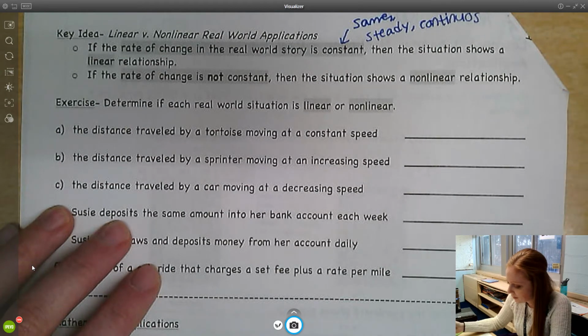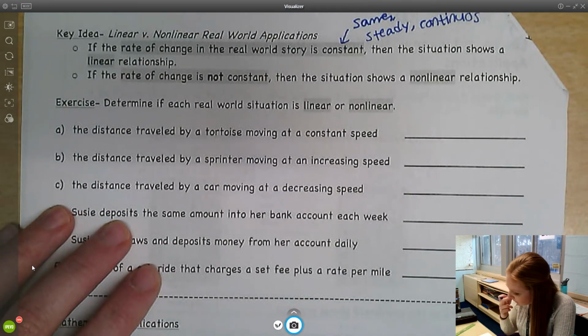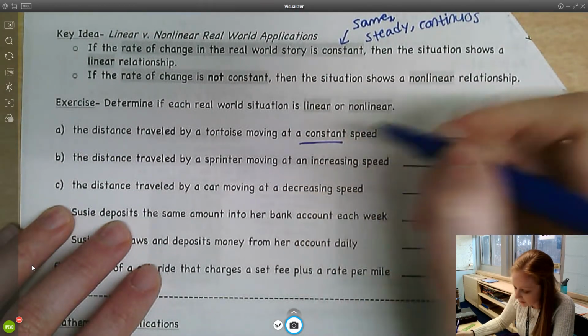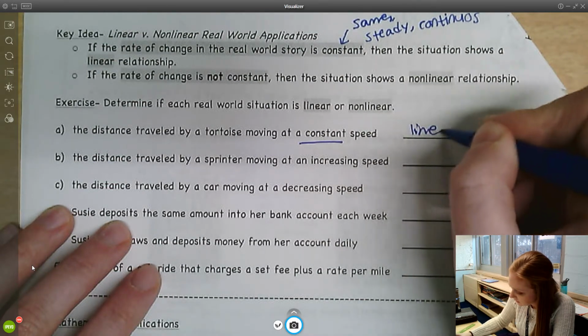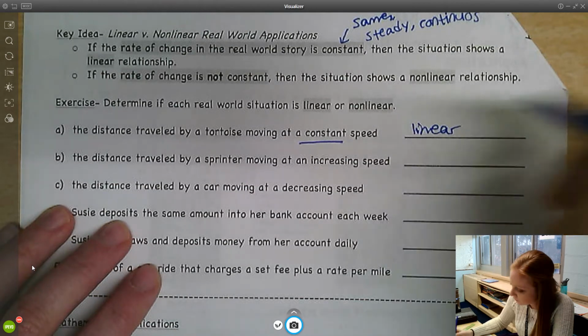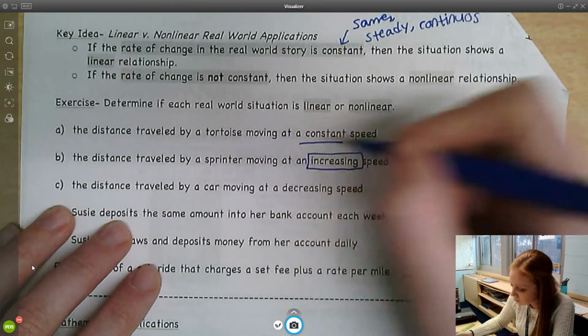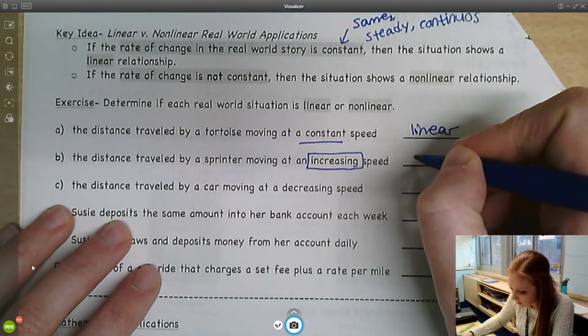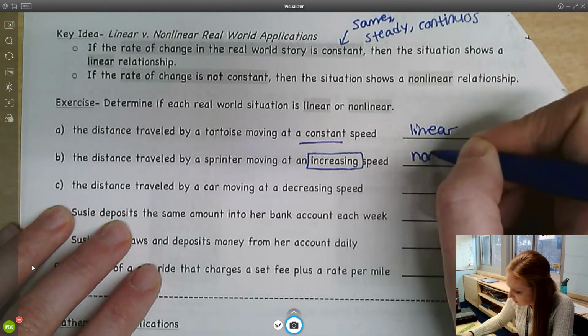And then not constant would be the opposite. So the distance traveled by a tortoise is moving at constant speed. The keyword constant tells us it's going to be linear. The distance traveled by the sprinter moves at an increasing speed. It's getting faster and faster. It is not the same speed, the same rate, the whole time. So nonlinear.